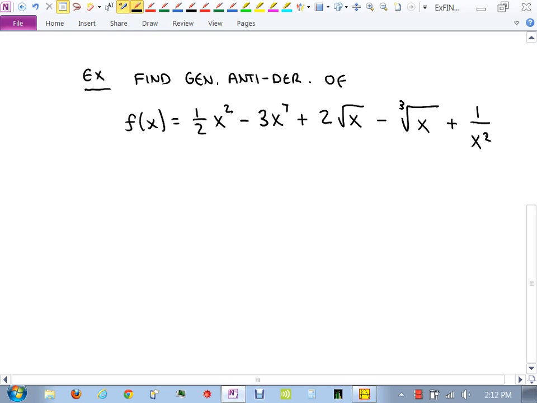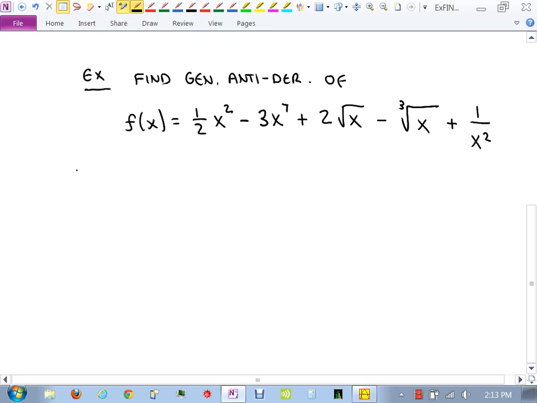No product rule, no quotient rule, no chain rule here, right? Very, very straightforward. Well, to do antiderivatives, we're going to do the exact same thing. We're going to do antiderivative each one separately. And remember that when we had constants in front, we just leave them when we take derivatives? Same thing applies when you do antiderivatives.